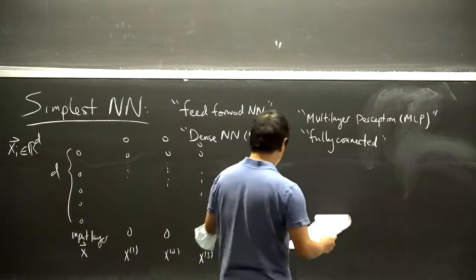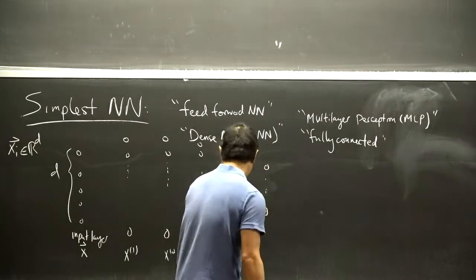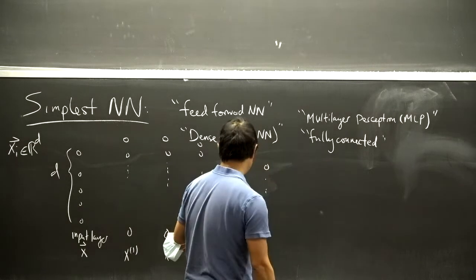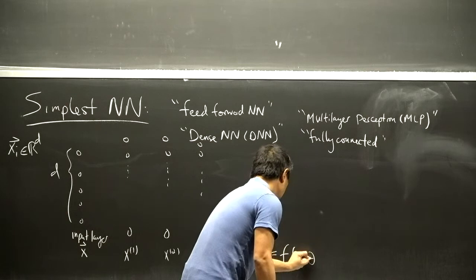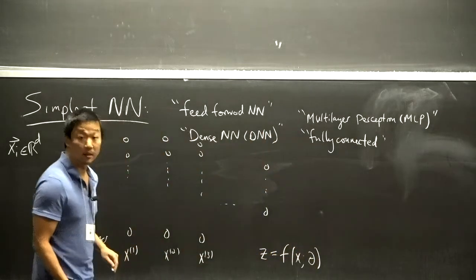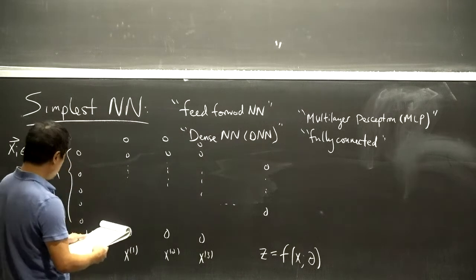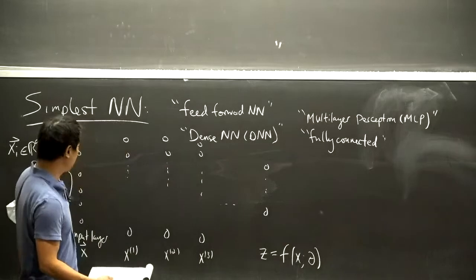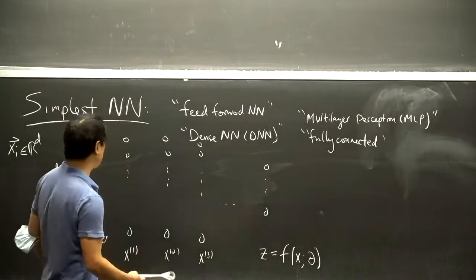And then finally, there will be an output layer. Let's give this a name, we'll say that this is z, and it's our function that we had defined last lecture. So the idea is that we start here and we propagate the input layer data through this structure.